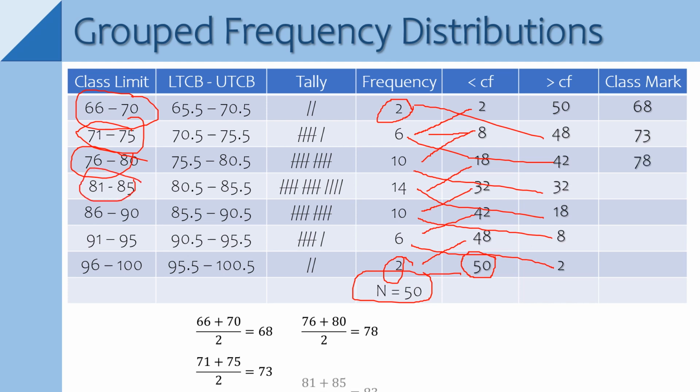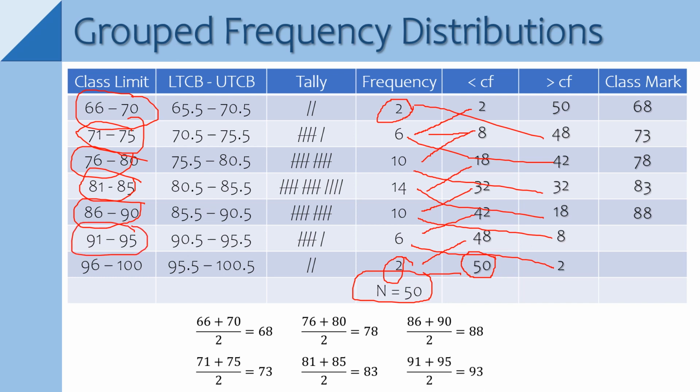Next, 81 plus 85 over 2 is 83. And then next one is 86 plus 90 all over 2 is 88. And then we have 90 plus 95 over 2 is 93. And then the last one is 96 plus 100 over 2 is 98.